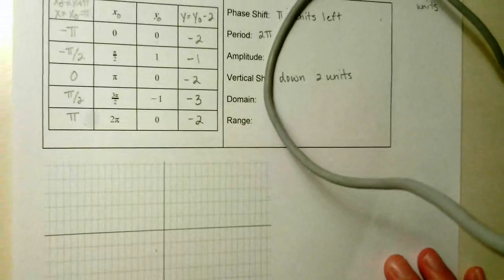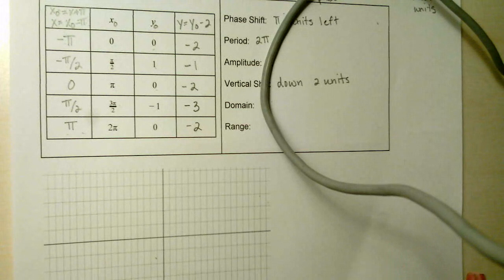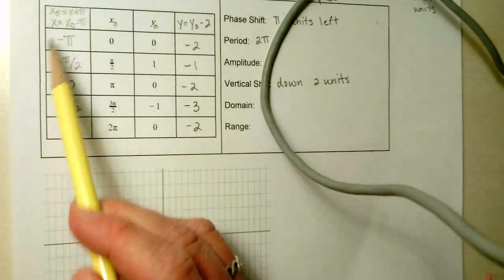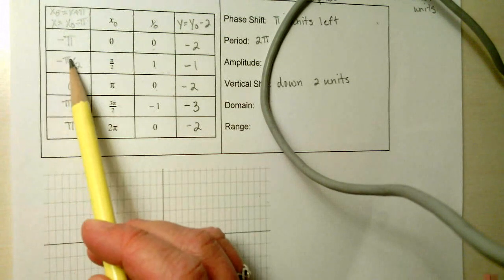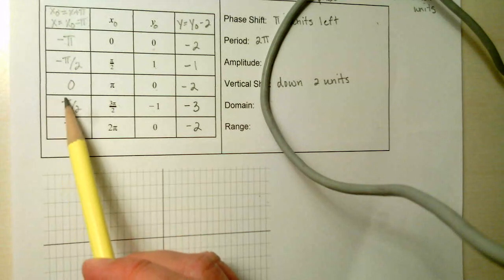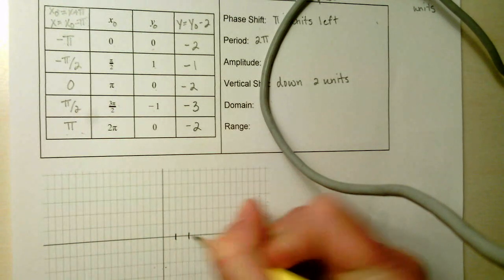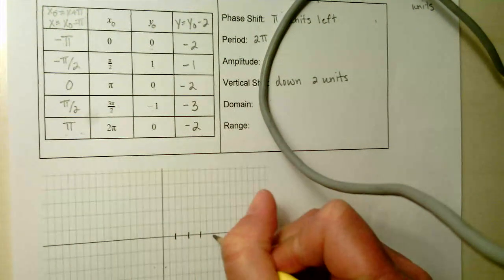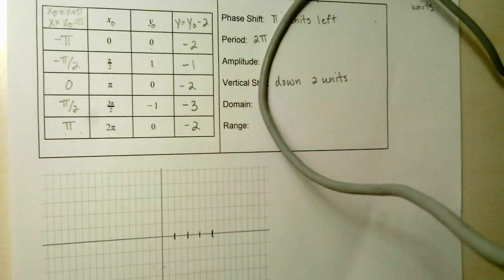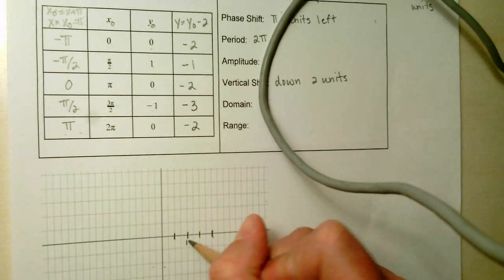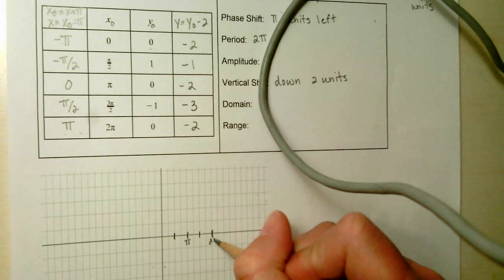So really quickly, I want to think, what would be a good scale for my graph? It looks like I'm going by pi over 2 units here. So I am going to let every 2 units be pi over 2. So this is going to be pi. This is going to be 2 pi.